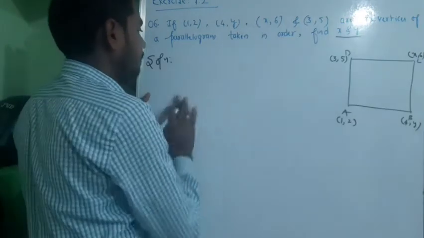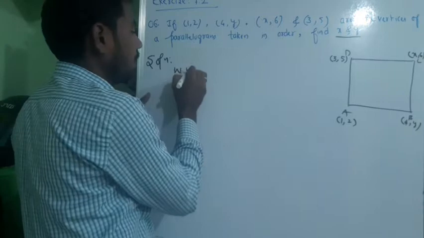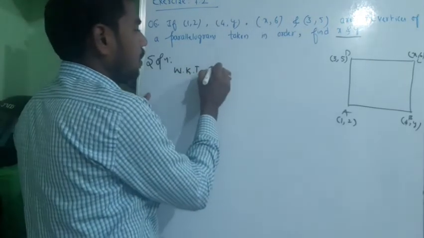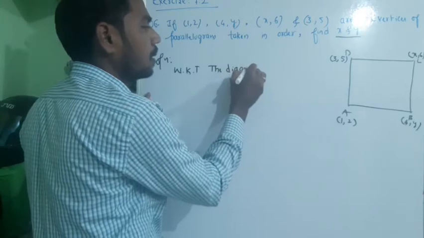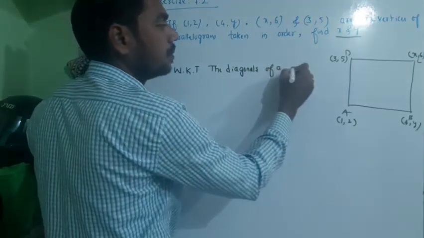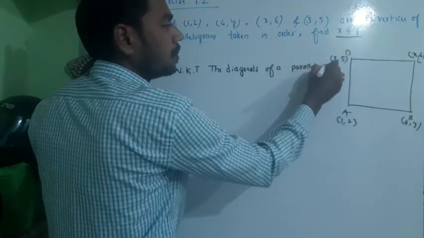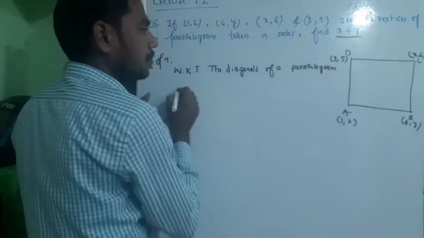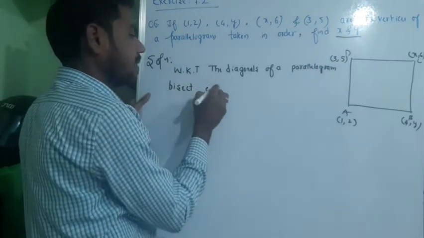Next, we know that the diagonals of a parallelogram bisect each other.